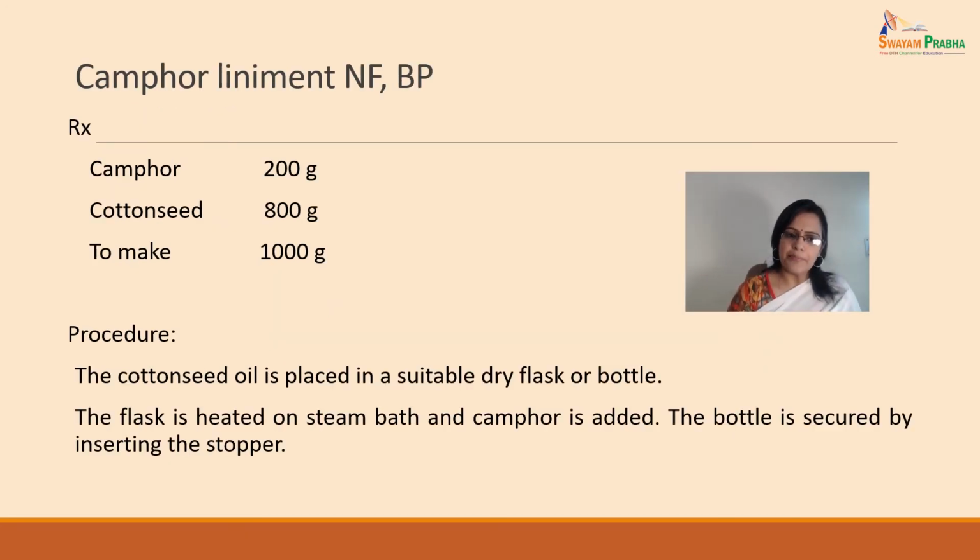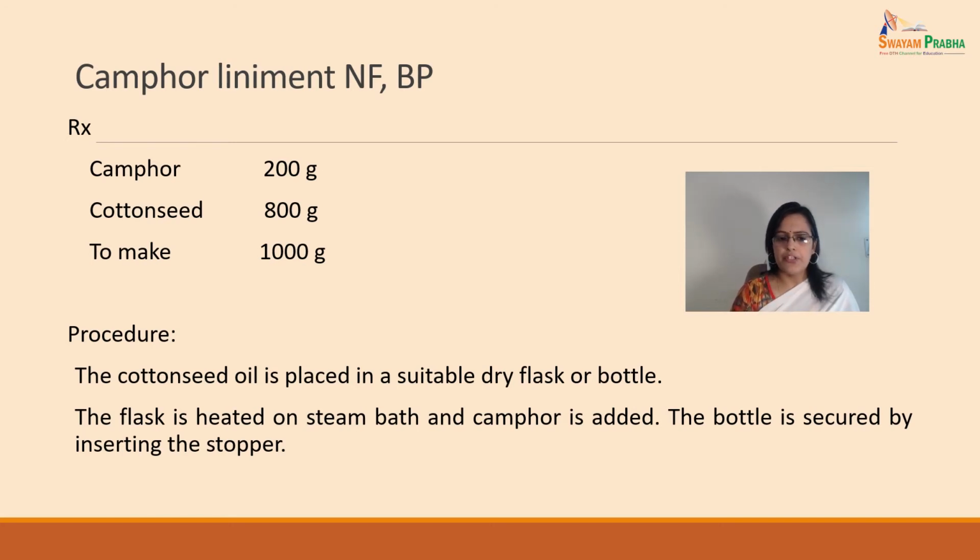Take another example, camphor liniment. Camphor, cottonseed oil, and the required volume to make up. The cottonseed oil which we are using here is placed in a suitable dry flask or bottle. The flask is heated on a steam bath, remember, because in general we don't heat oil directly on the flame, so that's why we are using a steam bath.